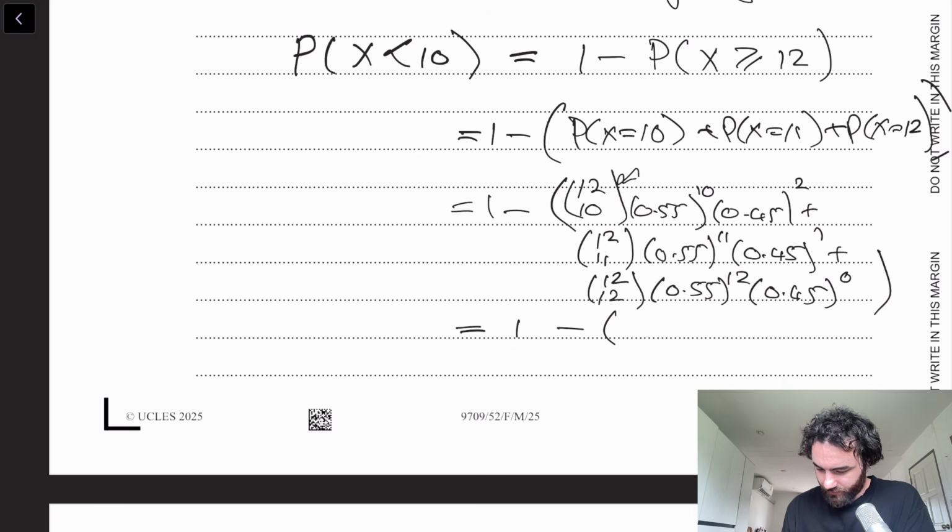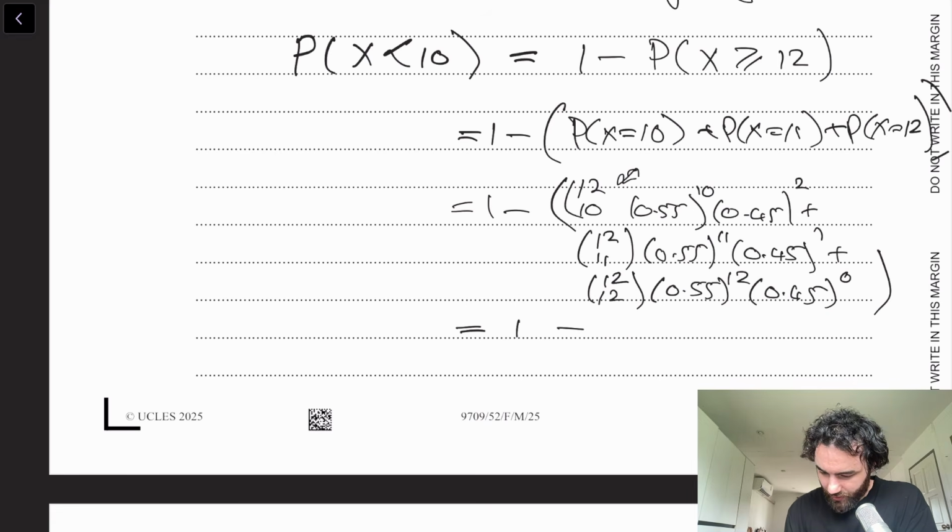So this, I'm just going to write this out again. So 66, I'll just plug it all in. No, okay. I want to get an exact value. So this thing here was 66. 66 times 0.55 to the 10 times 0.45 squared, plus 12 choose 11. I'll just rub it out here. Just don't have enough space.